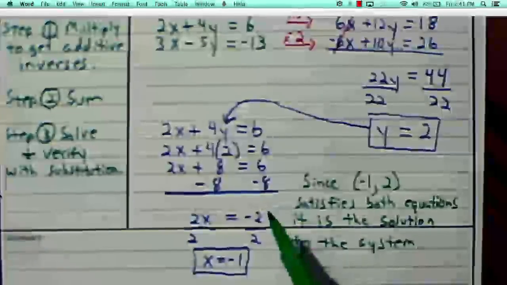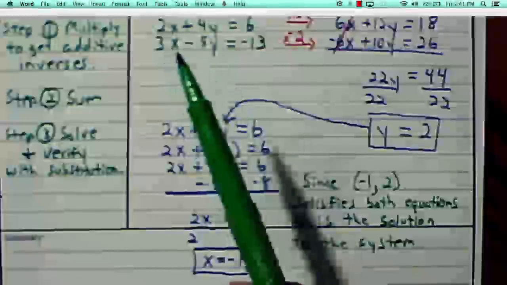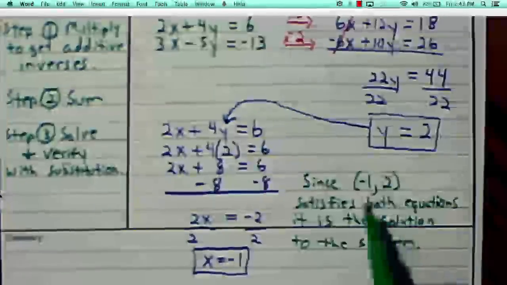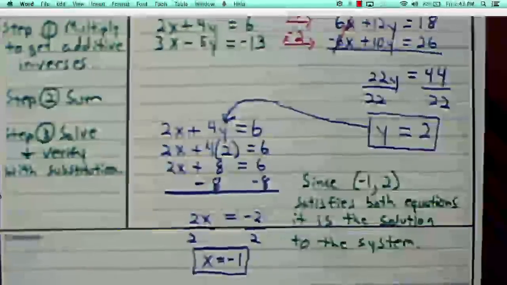There are an infinite number of points that satisfy our first equation, an infinite number that satisfy the second one, but this magic point right here is the only one that satisfies both of them.